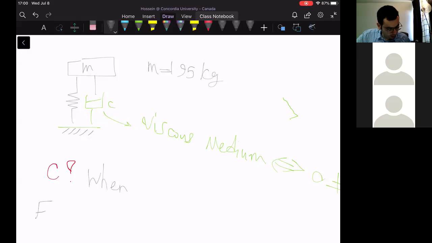An exciting force can always be represented by F of t equal to F naught sine or cosine of omega t, right? So a harmonic exciting force of 24 Newton. It means this is F naught, the amplitude of force.